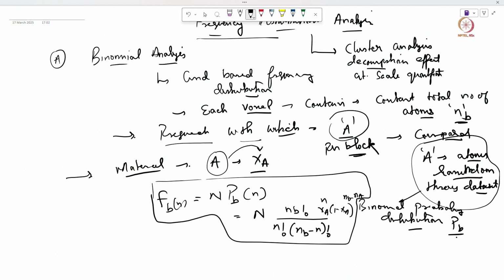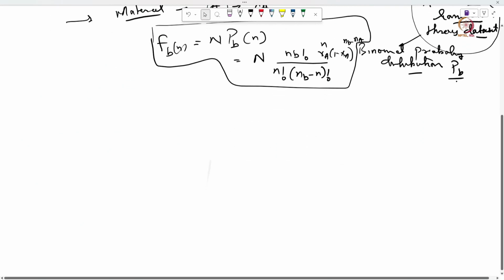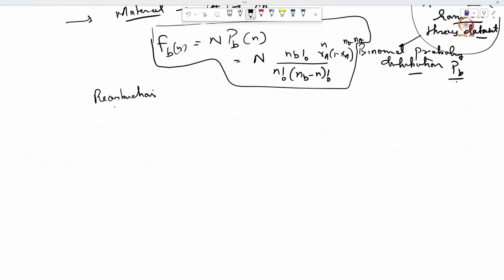So if there is a reconstruction which is divided into n blocks, I will give you an example for this.